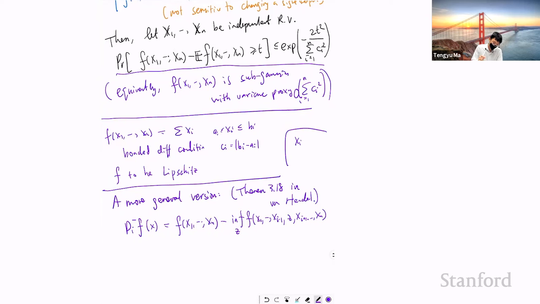Basically, you're saying that if you look at x and you change one of the coordinates, you want to see how much you can make it smaller. Because this quantity is always bigger than 0, you're saying how much you can make it smaller by changing one coordinate to z. You can just think of inf as minimum.